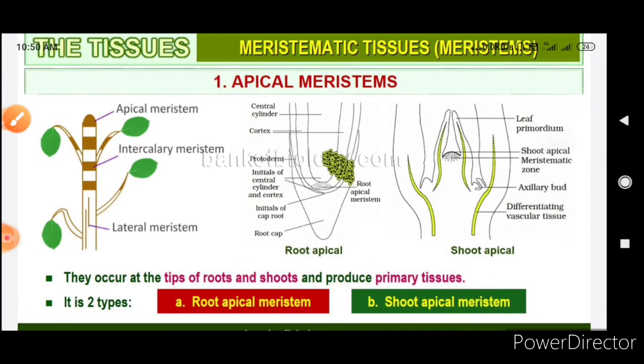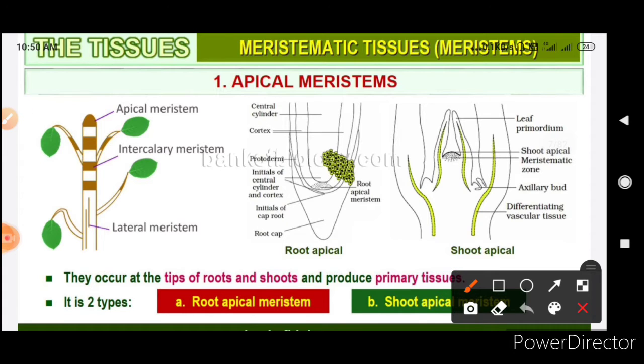Now we are going to talk about the apical meristem. Apical meristems are present at the tips of the root and shoot, so they help the plant grow in length, either the root or the shoot system. It is of two types: the root apical meristem, which is present at the root tips, and the shoot apical meristem, which is present at the shoot tips.